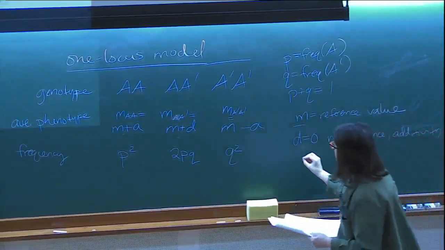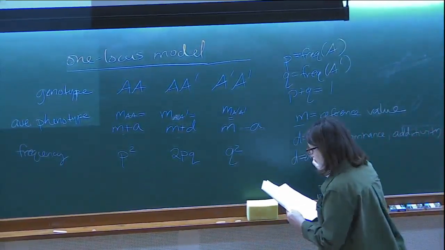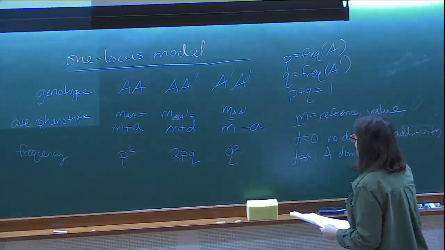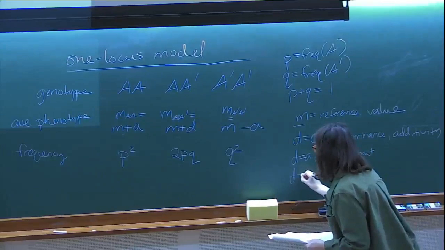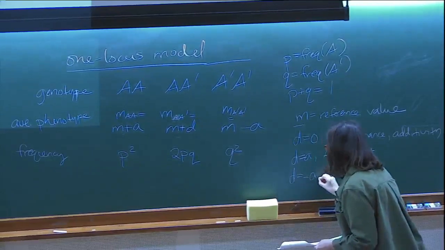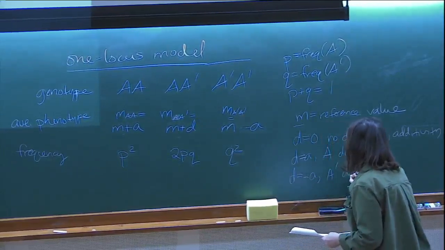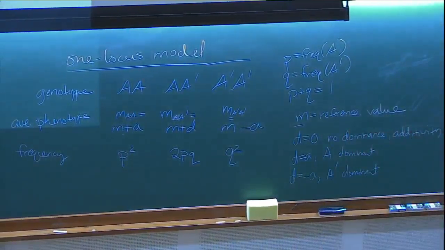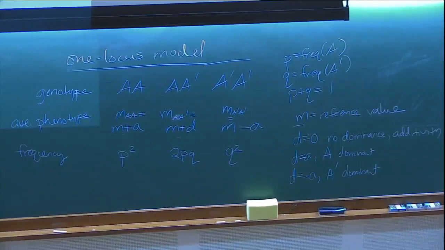Also, if D equals A, then big A is dominant, completely dominant. If D is equal to negative little a, A prime is dominant, completely dominant, and anything between that is sort of partial dominance.